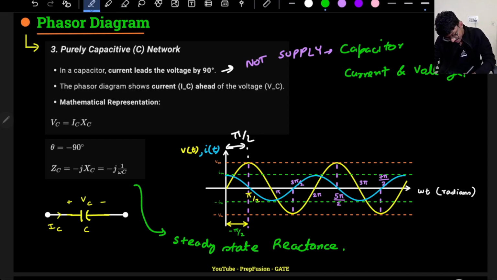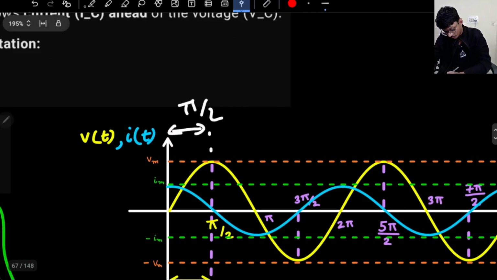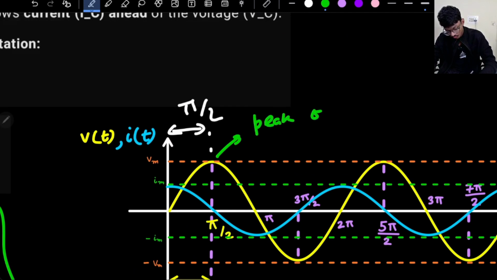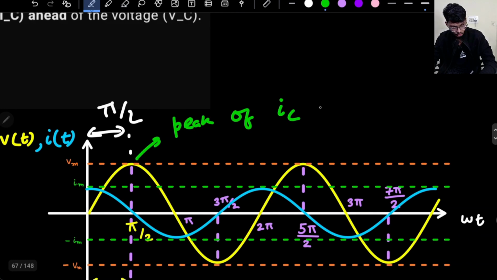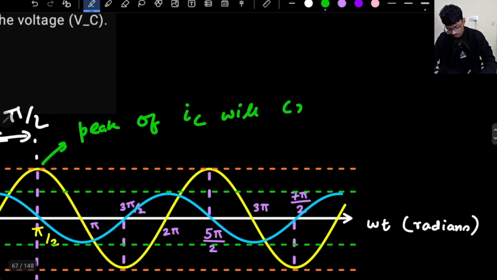So here IC will come before VC, but not like it is coming without applying supply. No, both waveforms are there, but the peak of IC, or the zero crossing points, will come before VC. So what is the importance here?